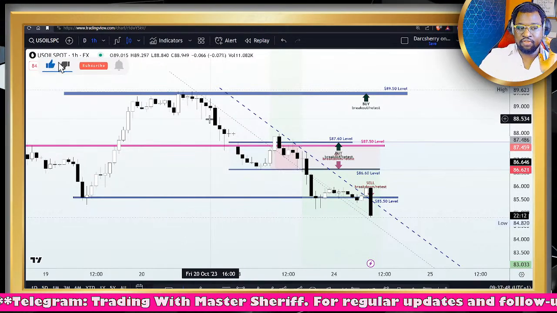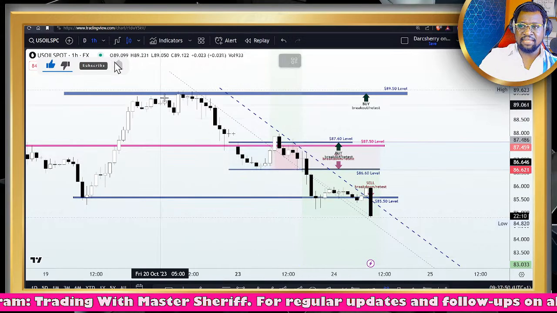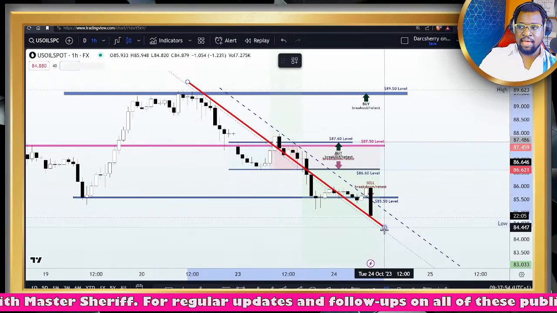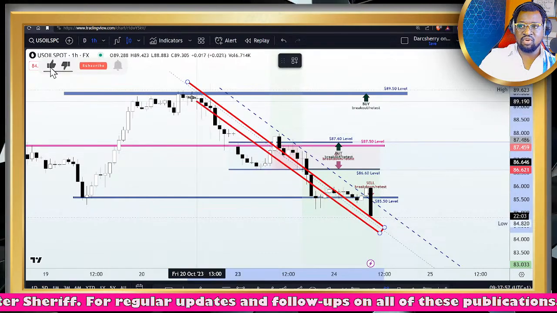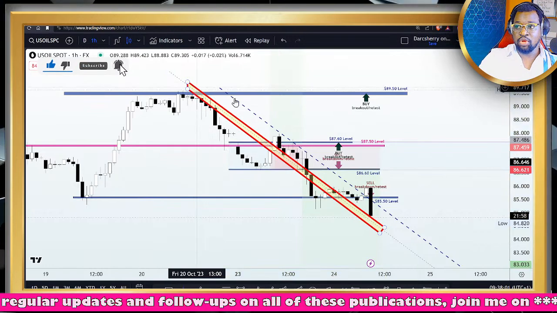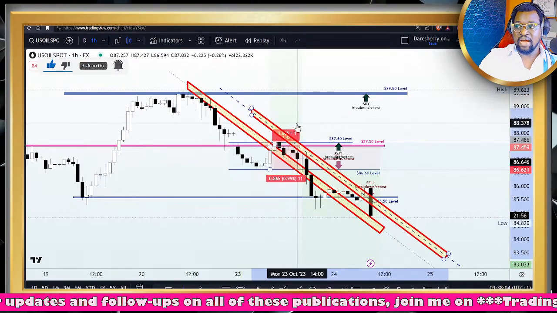As a result of this, we have a descending trend line to work with. In fact, we have a couple of them. We have this first one here after connecting the series of lower highs since last week Friday, and we also have the second one right here.